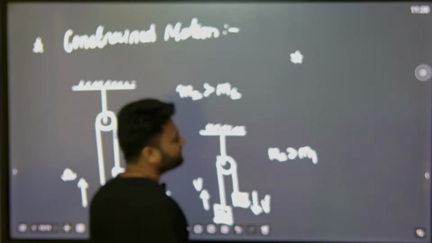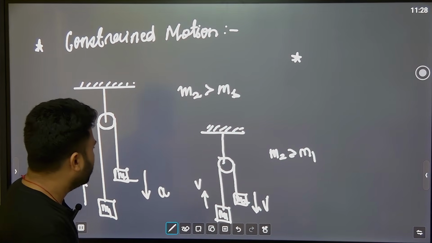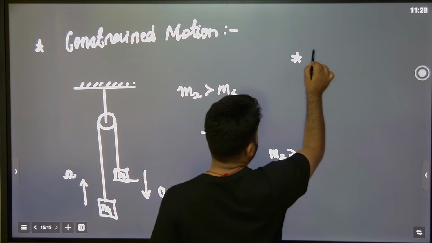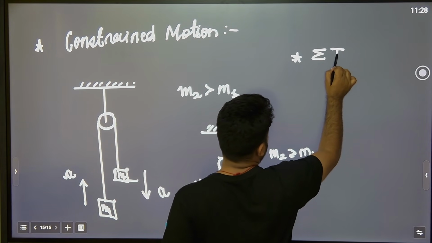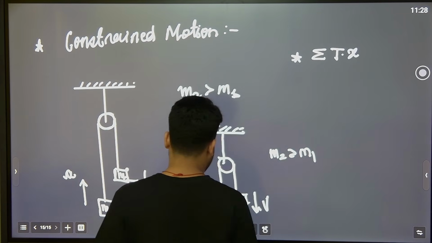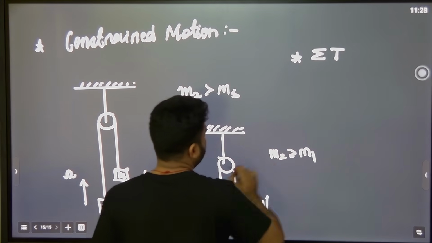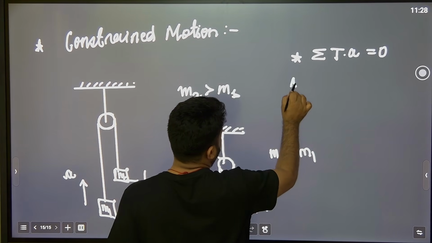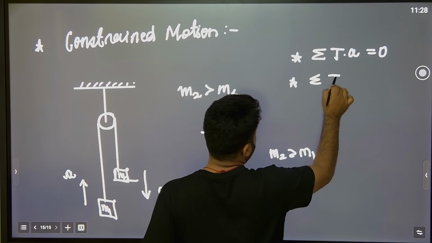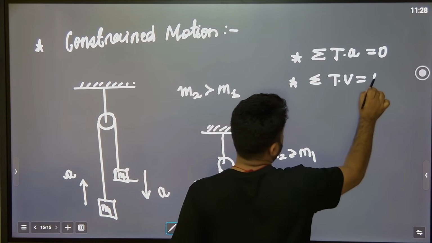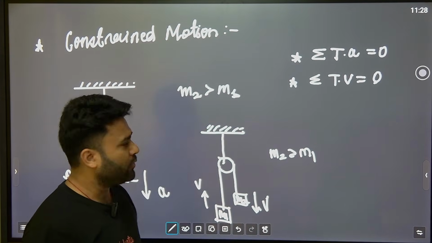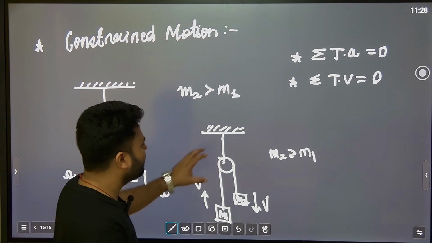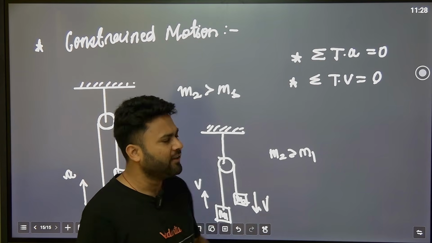If they ask with what velocity and acceleration they will go, you always remember that summation of T dot a equals 0, or if they have asked about velocity, you can write summation of T dot v equals 0. Means if there is an acceleration question, you apply this. If there is a velocity question, you apply this.